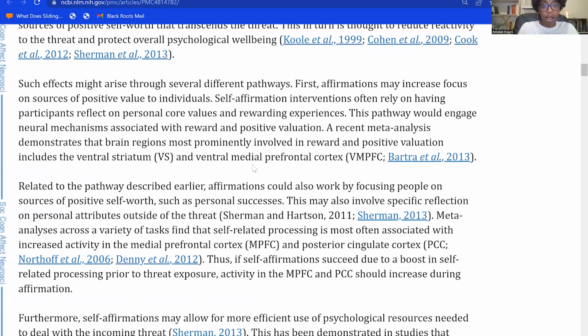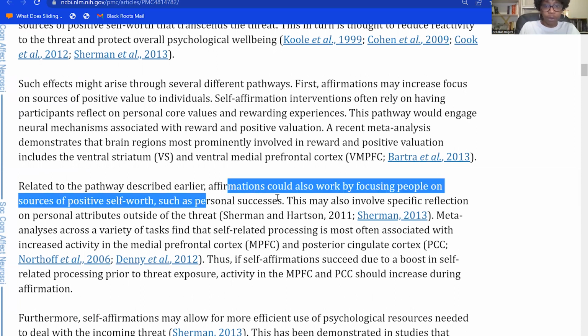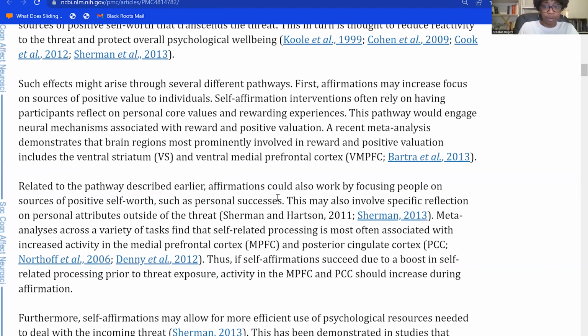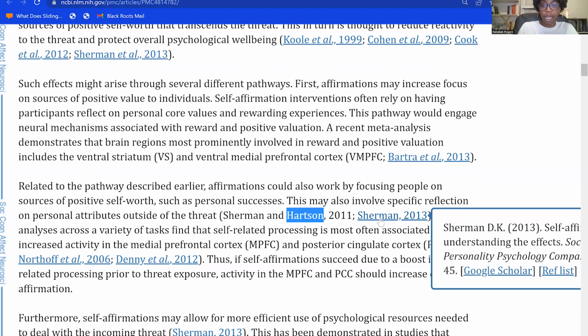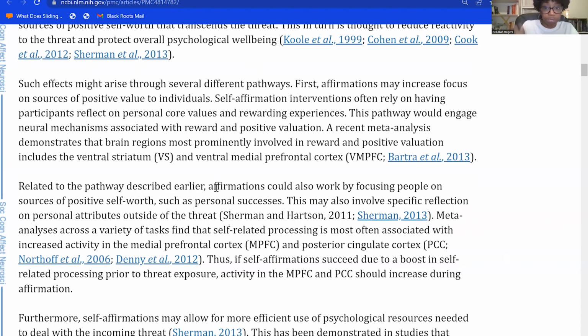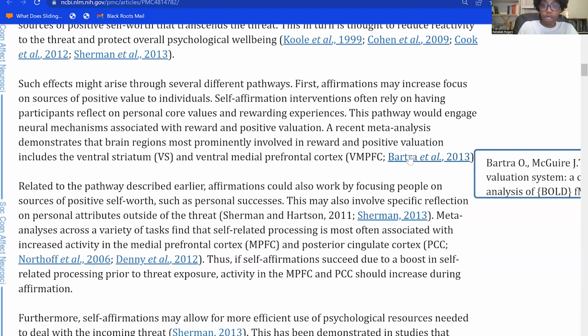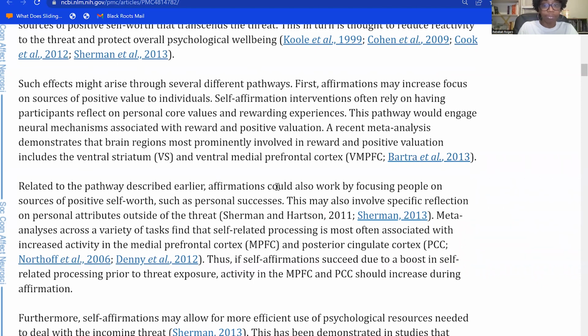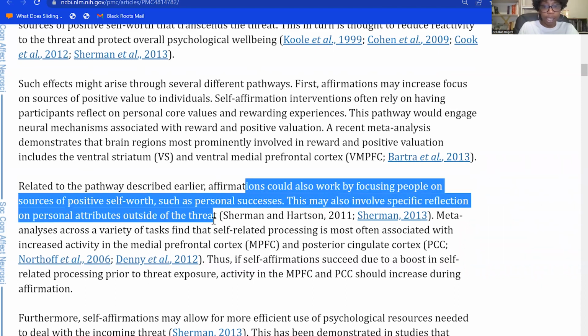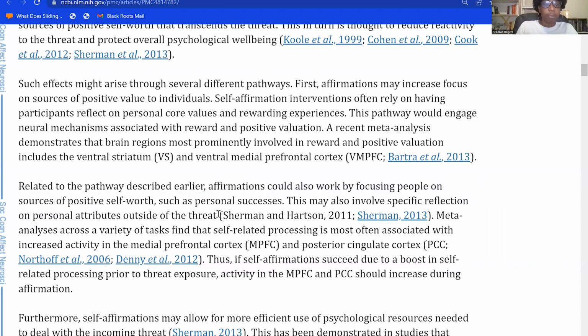Related to the pathway, also could focus on sources of self-worth, personal successes, involve specific reflection. Sherman and Hartson, okay, we've got somebody who's not Cohen, Hartson, but then we've got this Sherman situation. So more of the same. Bartra is also somebody who's not Sherman and Cohen. Specific reflection on personal attributes outside of the threat. Okay.